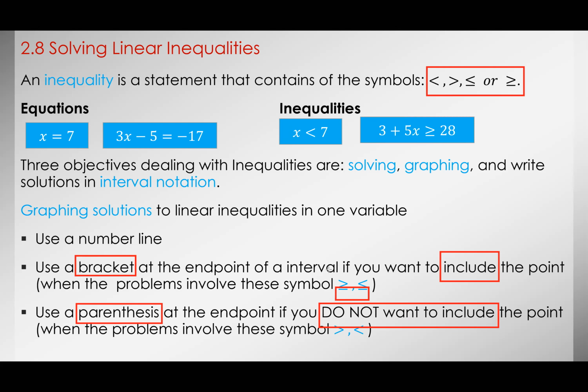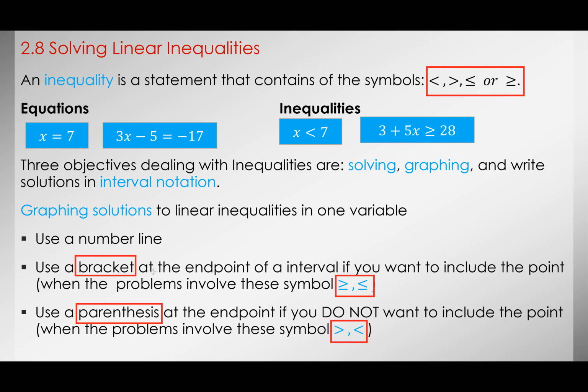And if we do not include an endpoint, we will use the parenthesis to illustrate that. Okay, so just to be brief, this is what you need to remember on top of everything else: if you are dealing with this symbol, you have to use the bracket. If you are dealing with this symbol, you will use the parenthesis, okay?